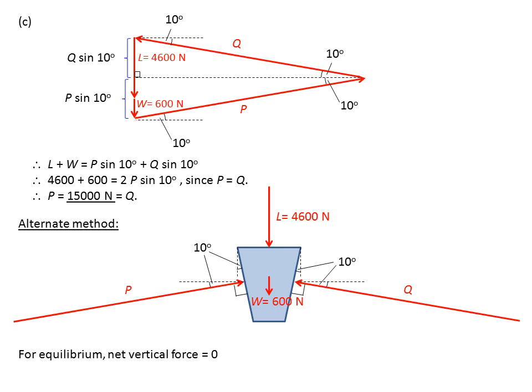They are slanted upwards. P sine 10 is the vertical component of P, Q sine 10 is the vertical component of Q, and if you add these two vertical components, they must balance the other two vertical forces. So we get back the same equation as we did for the earlier calculation. So that again gives us the same answer for P and Q, 15,000 newtons. Okay, that's it.